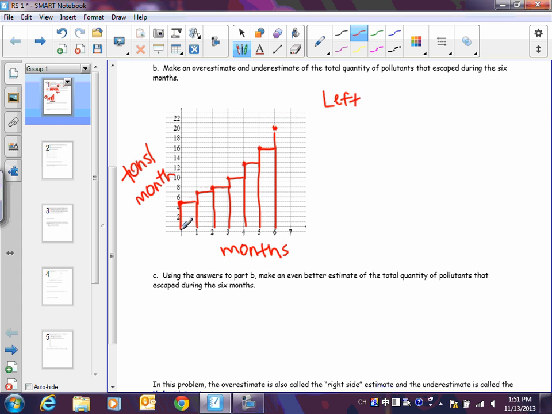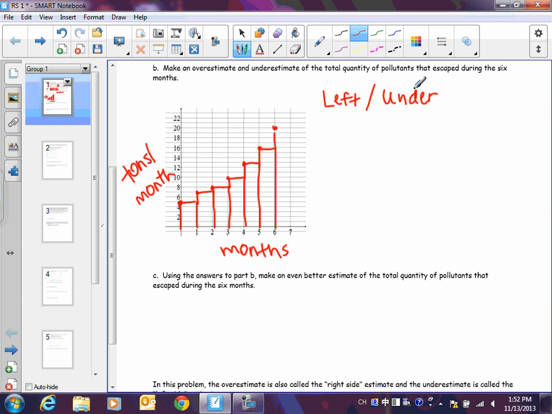So if I were to find the left rectangles, meaning I'm going to find all this area, do you think that would be an under or over estimation of the real answer? Under. Because I'm using the smallest value during each month instead of using the largest value. So in this case, left is going to be an underestimation. Do you think left will always be an underestimation?